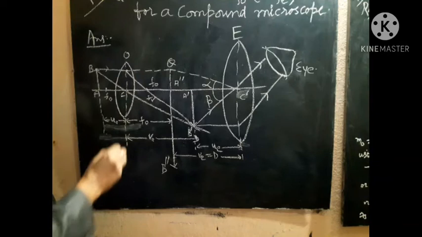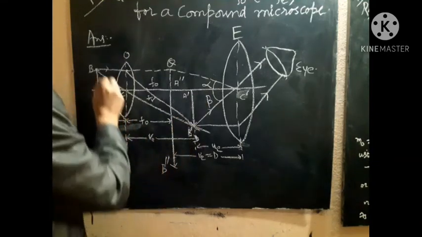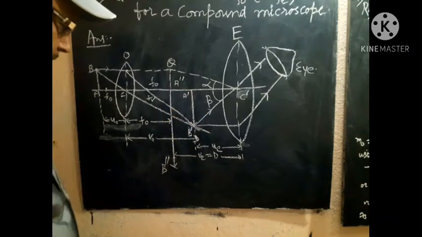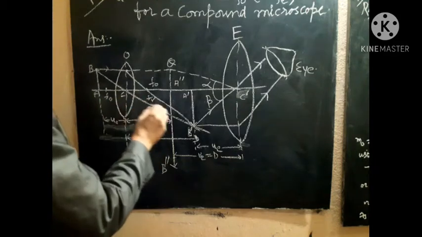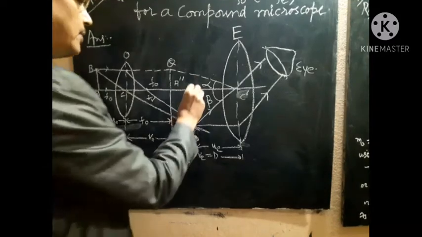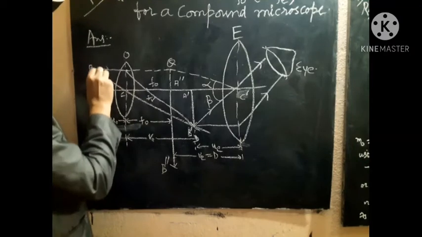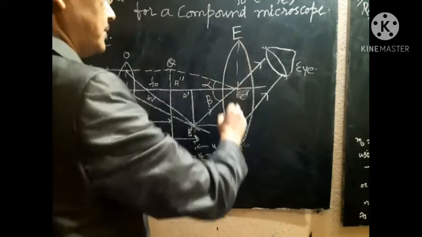In case you are taking a convex lens, the image will form here, A dash B dash, just opposite AB. Now this thing will be the object for this lens.